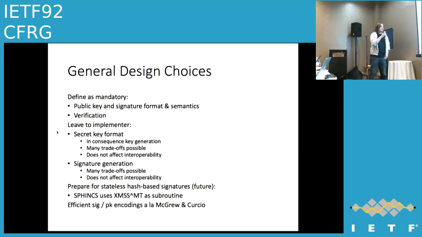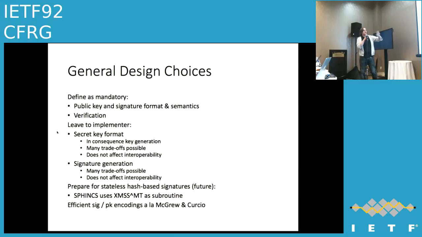Our general design choices in the draft: we only define the public key and signature format, semantics, and verification. We leave it to the implementer how the secret key is implemented, and in consequence also how the key generation works in detail. We only specify how you compute a public key given a secret key.